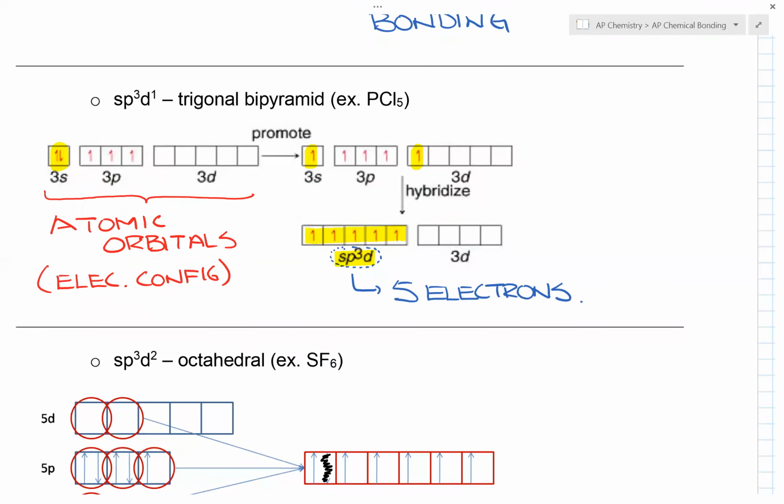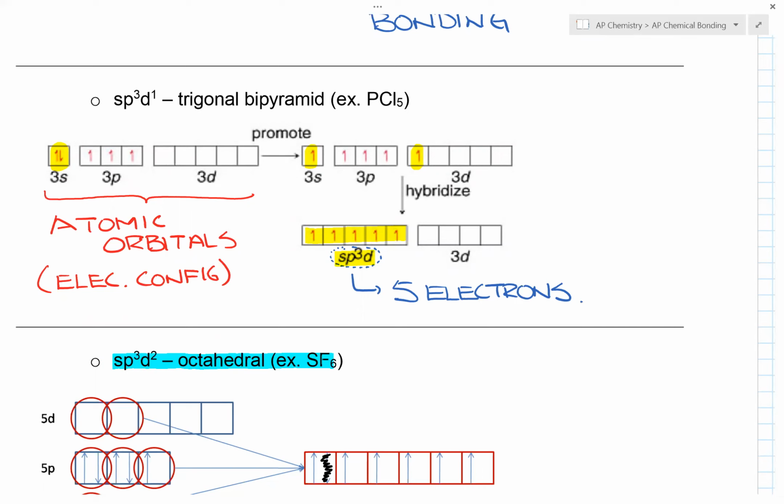And so what you get is sp3d2 is octahedral. So for this particular lesson, you should be able to understand that the hybridization corresponds to the shape, and to the number of electrons that are available for bonding.